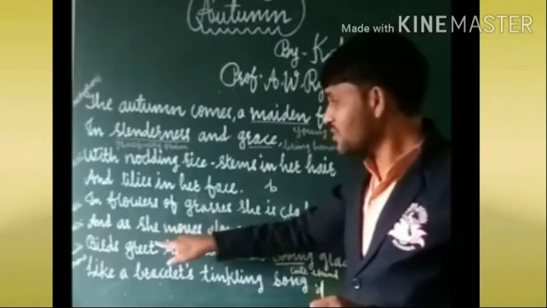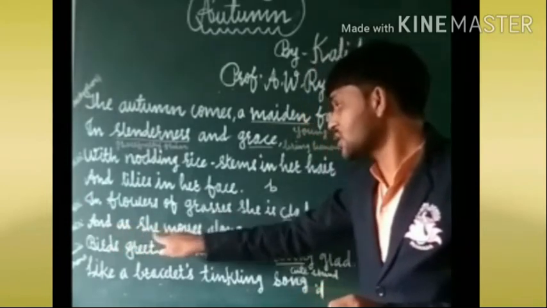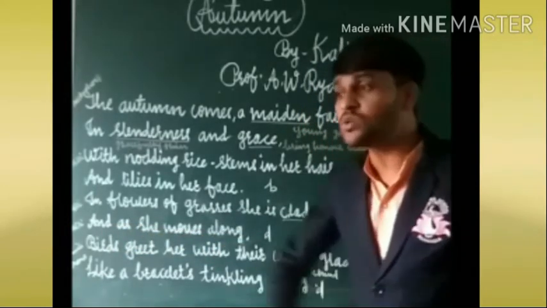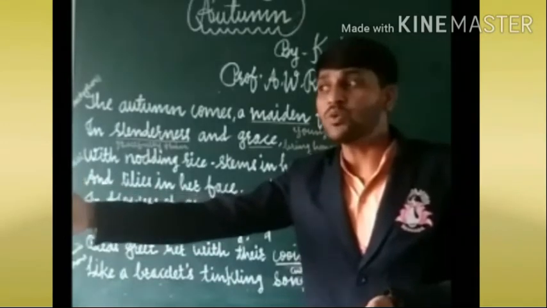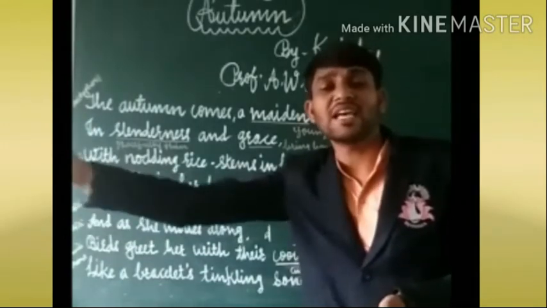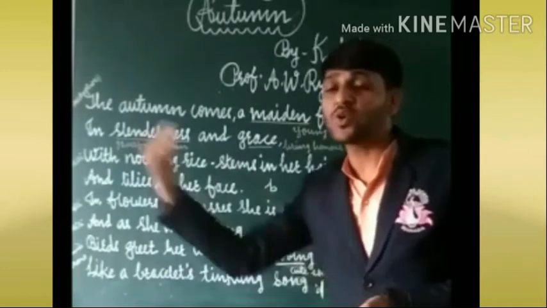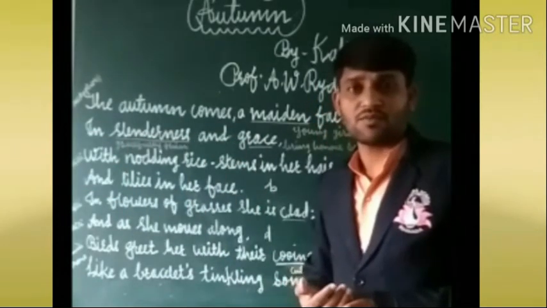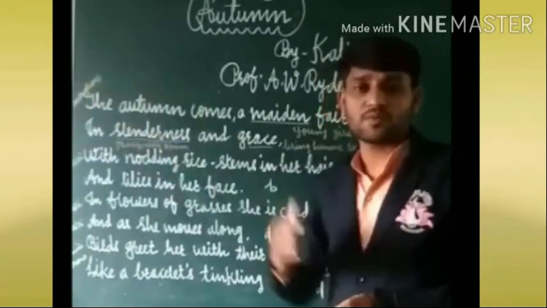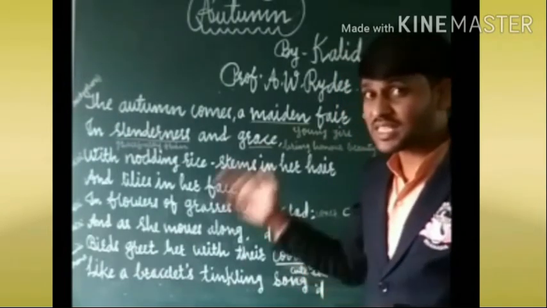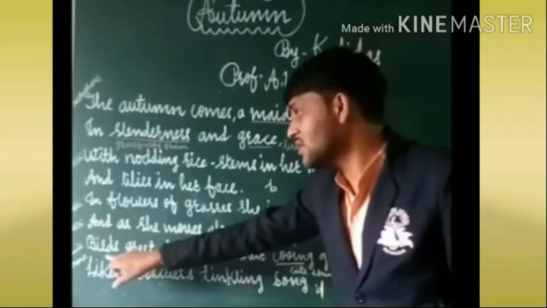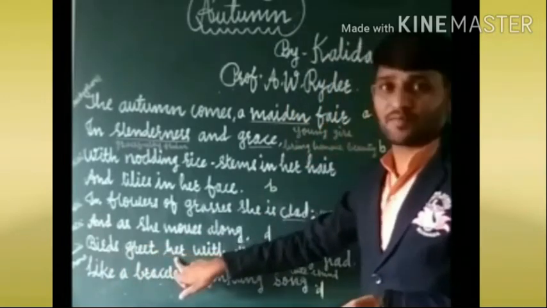Okay, and next we can see, and as she moves along. When she steps out, when she roams around in nature, what happens with her, that is, with the autumn season? Birds greet her.